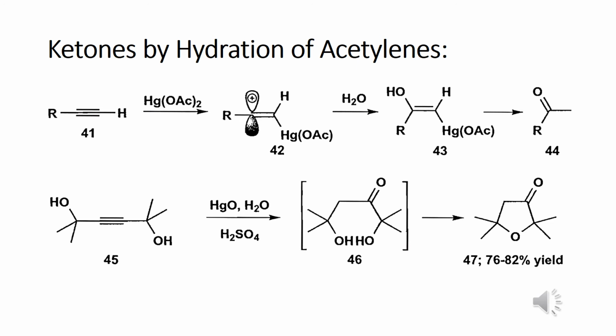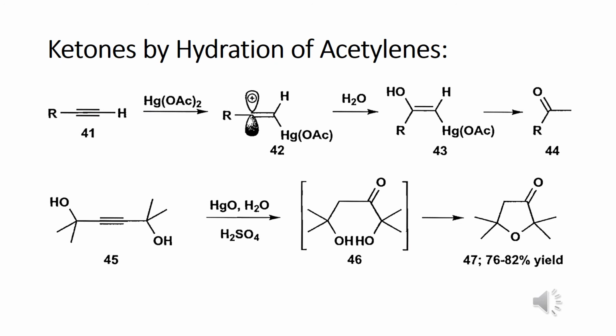Terminal acetylenes, here you can see structure 41, reliably give methyl ketones, structure 44, as the intermediate vinyl cation, structure 42, is secondary. Water adds to the cation 42 to give the enol compound 43, which equilibrates to the ketone structure 44 with the loss of mercury acetate.